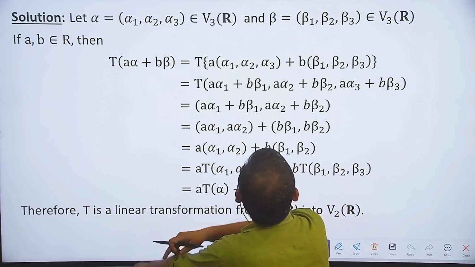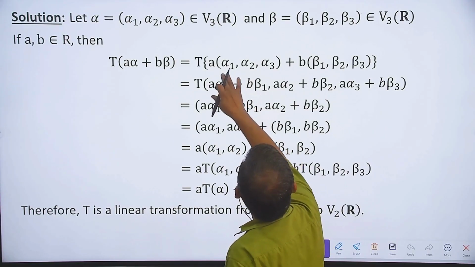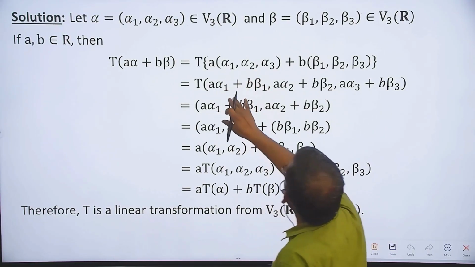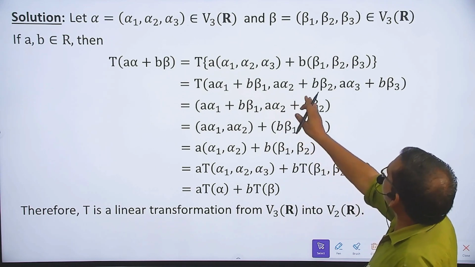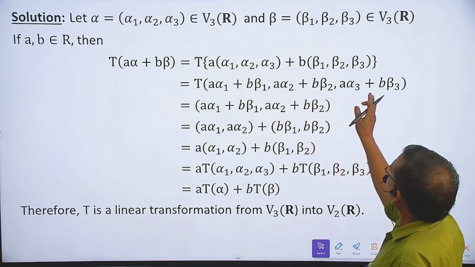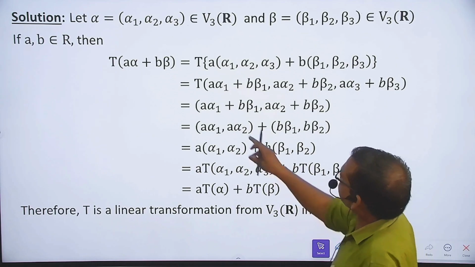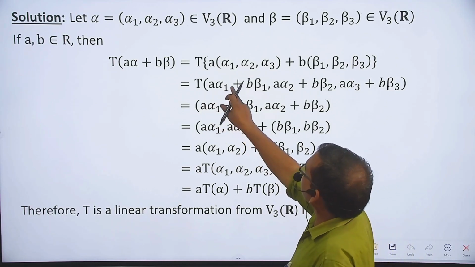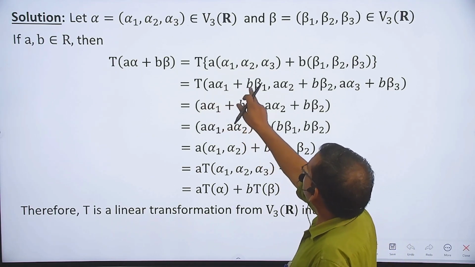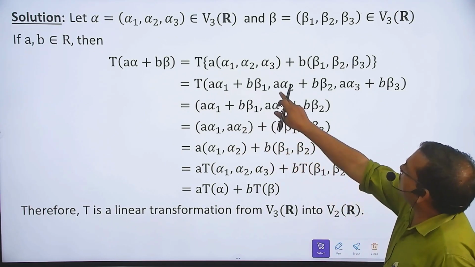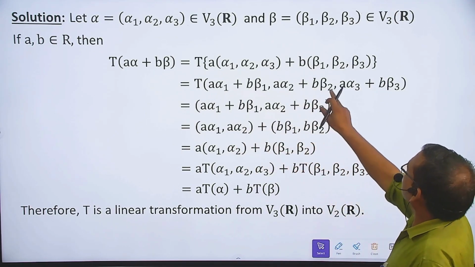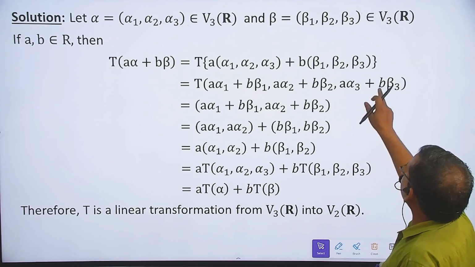Taking the first components together, the second components together and the third components together, we get transformation of A alpha 1 plus B beta 1, comma A alpha 2 plus B beta 2, comma A alpha 3 plus B beta 3.